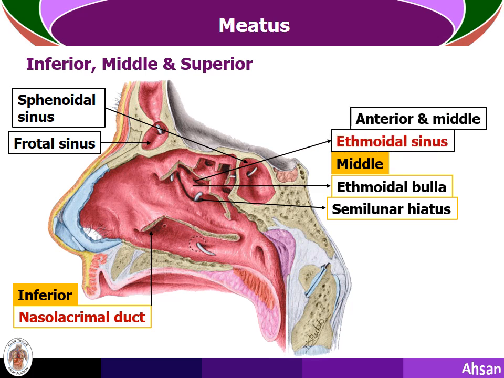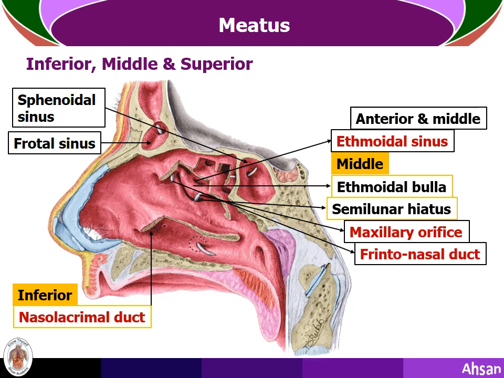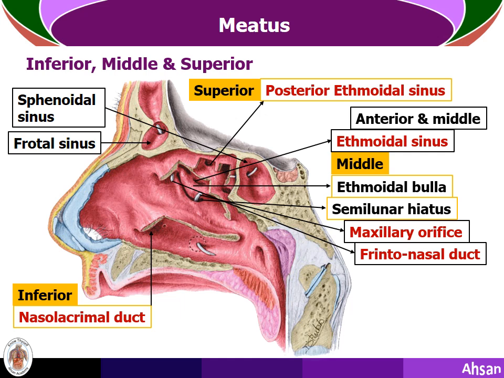On the summit of the bulla the ethmoidal sinuses open, the anterior and middle ones. In the semilunar hiatus, the maxillary sinus opens. In the superior meatus, the posterior ethmoidal sinuses open.